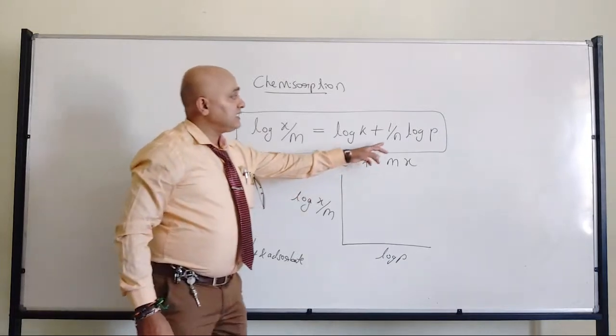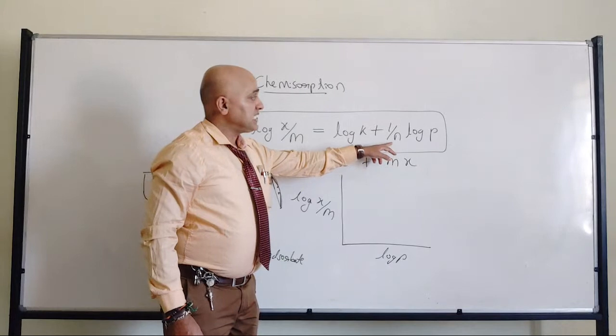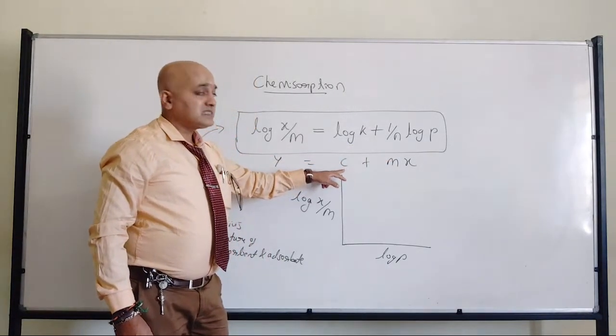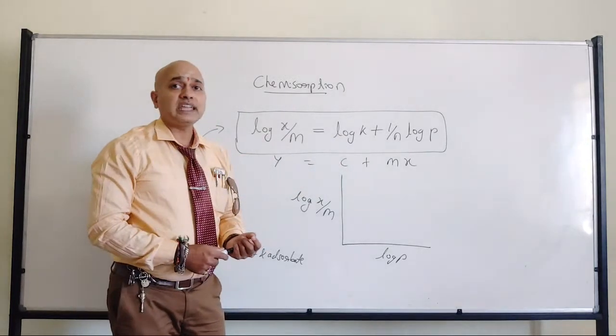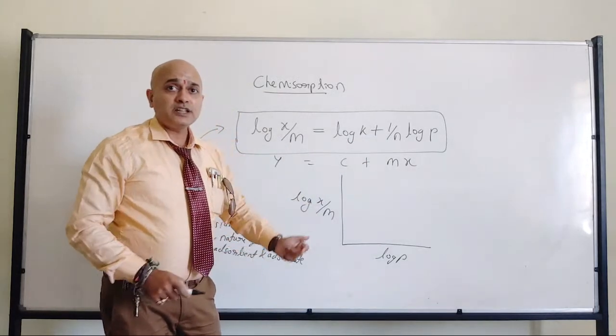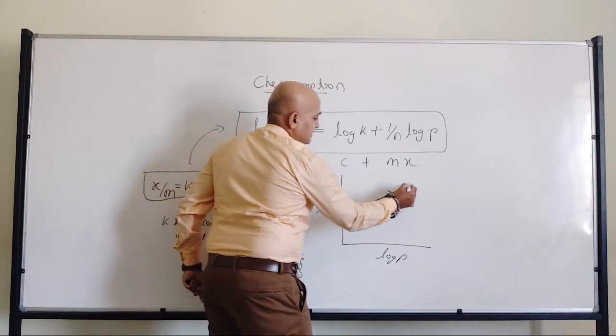Now, what is m here? m is nothing but the slope. What is that slope? 1 by n. What is c? c is nothing but the intercept on the y-axis. That is log of k.